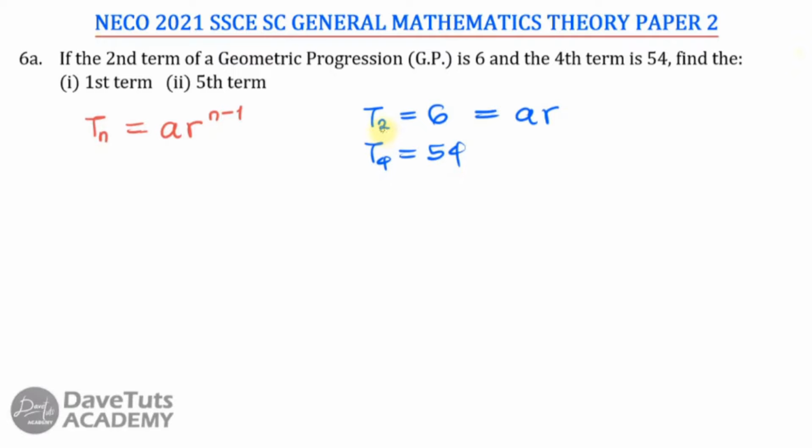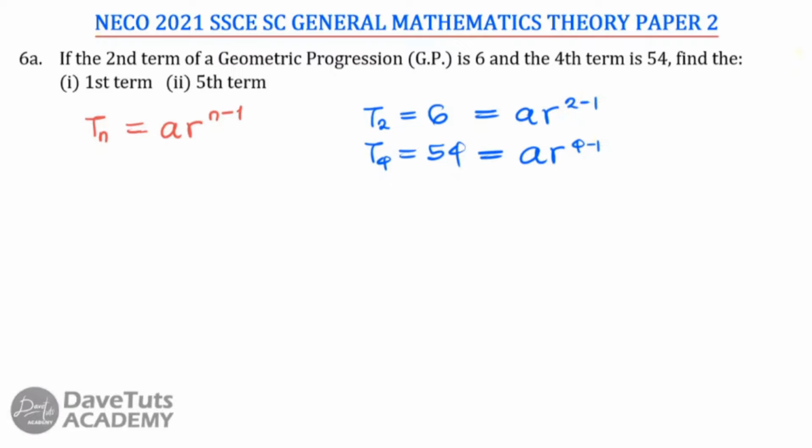Since we are talking about T2, n is 2, so we have 2 minus 1, and that is 1. We don't need to write 1. And then for T4, it's going to be A, the first term, multiplied by r raised to power 4 minus 1.